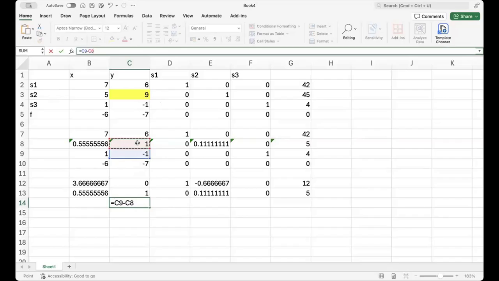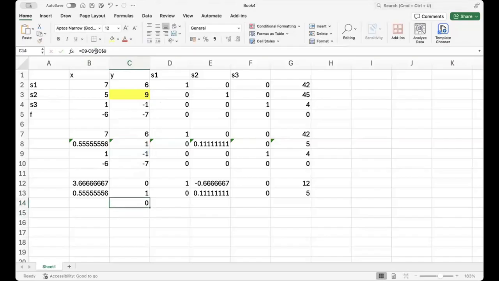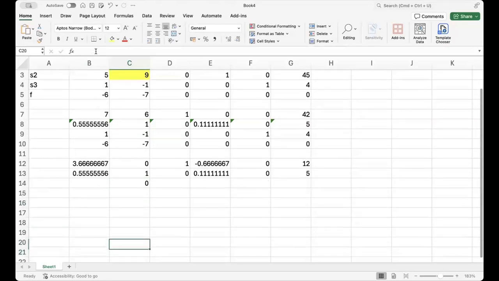No, not that row, this row, times with this element. Good. So we copy it.